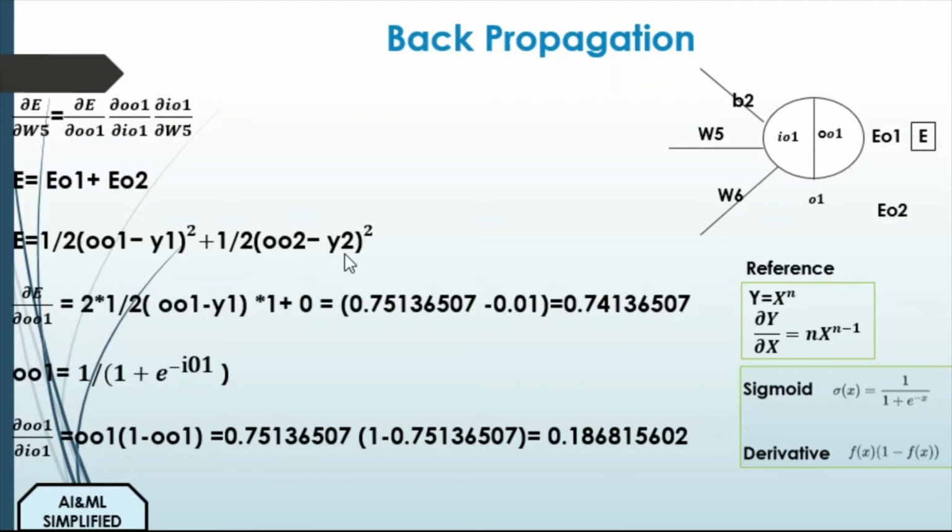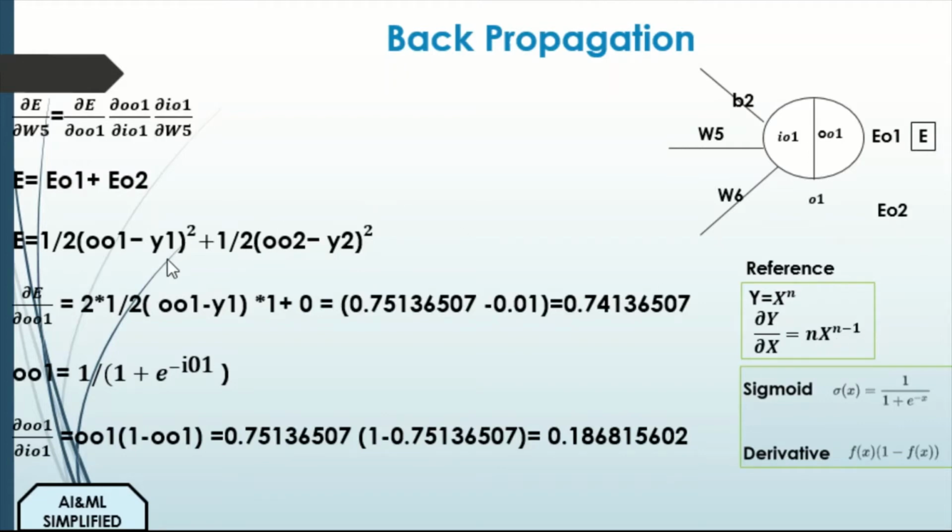So if we simply take the first term, that is the derivative of E with respect to O1, here we have only one term having O1, so we will be able to do the simple differentiation, again using the power rule of differentiation. For the derivative of x raised to power n, we get n in front and x raised to power n minus 1.